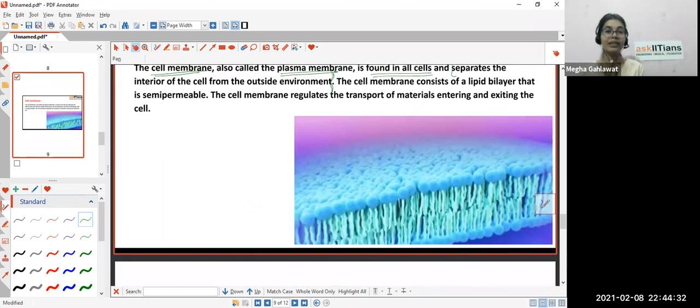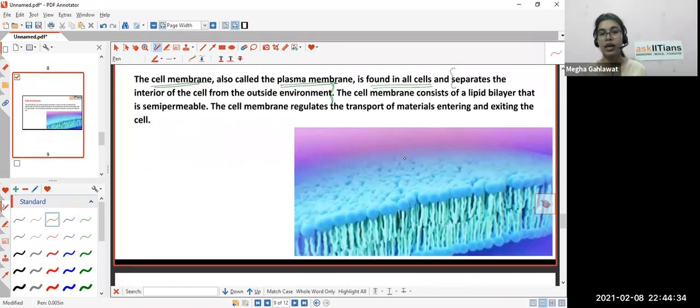The important thing that you see right here is that we have the lipid bilayer. Lipid is nothing but fat, and bi means two, and layer means layers. So what you see right here is this phospholipid bilayer, or the lipid bilayer, of which the plasma membrane or the cell membrane is composed.